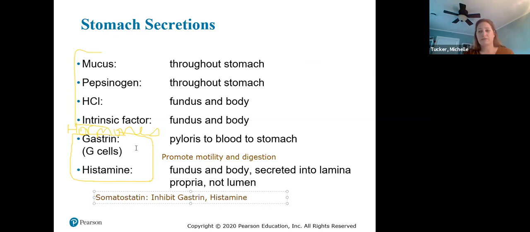Gastrin through gastric juices, histamine through hydrochloric acid, but just know them collectively as hormones that promote motility and digestion. Then we have the hormone somatostatin, which inhibits stomach motility and digestion.